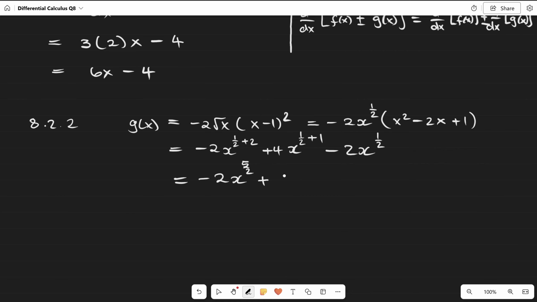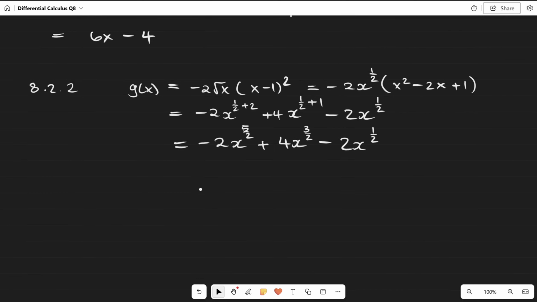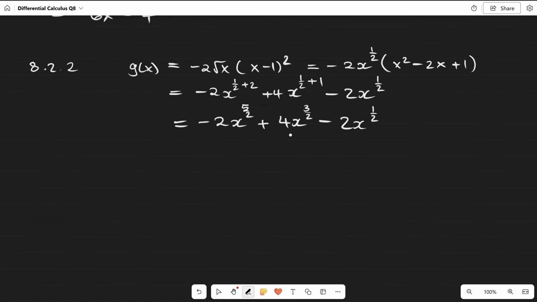Then plus 4 multiplied by x to the 1 over 2 plus 1, that is 1.5, which is 3 over 2, minus 2 x to the 1 over 2. So this is just g of x. We haven't found the derivative yet. We haven't computed the derivative yet.